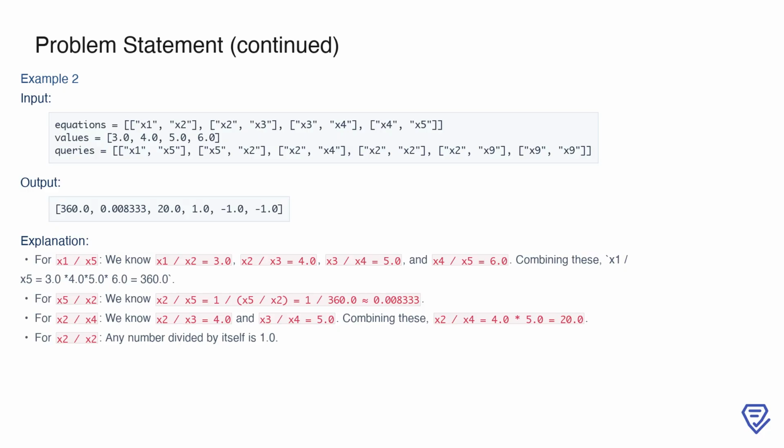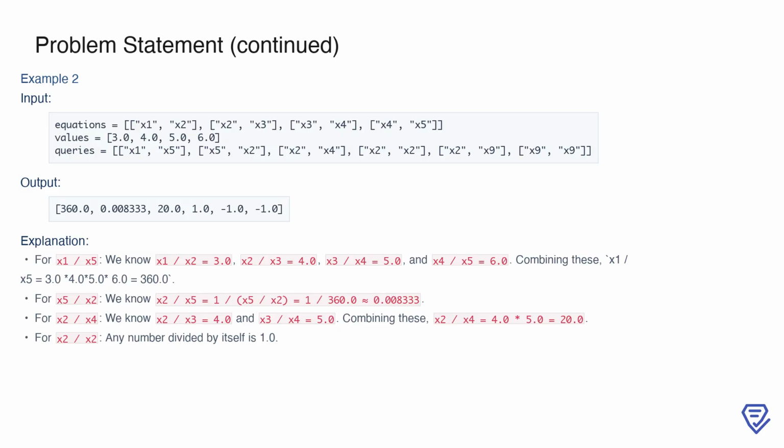For x1/x5, we multiply all the given values: x1/x2 equals 3.0, x2/x3 equals 4.0, x3/x4 equals 5.0, and x4/x5 equals 6.0. Combining these, x1/x5 is equal to 3.0 times 4.0 times 5.0 times 6.0 is equal to 360.0.